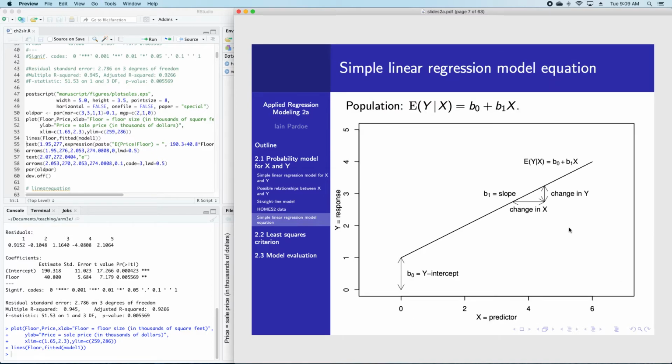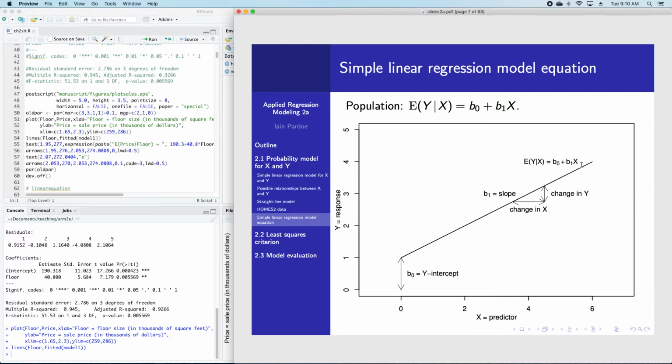So in general, this is the simple linear regression model equation and its representation in a scatter plot. The line is given by the equation expected value of y given x equals, and now we're going to use a little bit of notation, b0 plus b1 times x. And b0 represents the expected value of y when x equals 0.